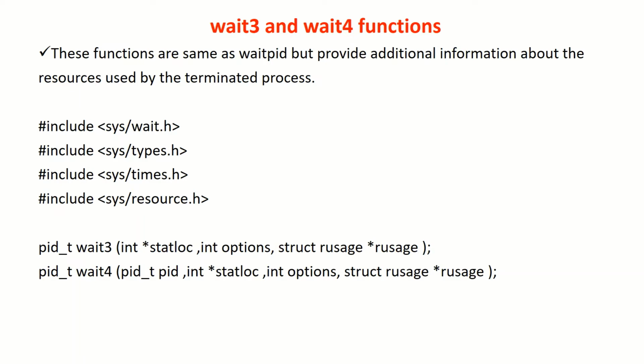If there are no children, that is indicated by -1, and it returns immediately. If there are only running or stopped but reported children, the calling process is blocked. This is the wait3 function. The wait4 function is an extended interface; with a PID argument of 0, it is equivalent to the wait3 function.